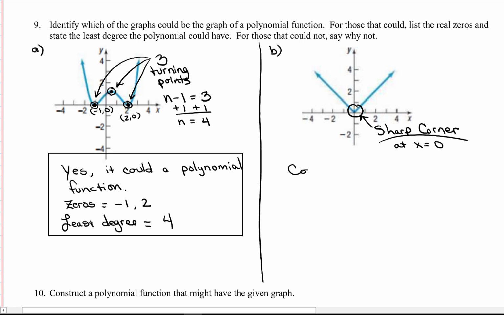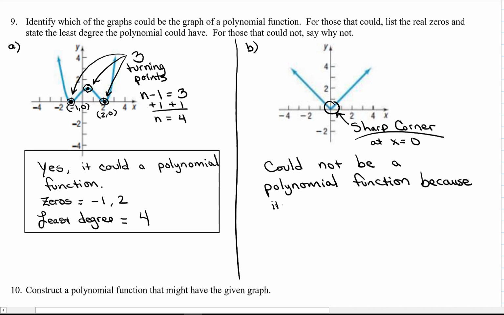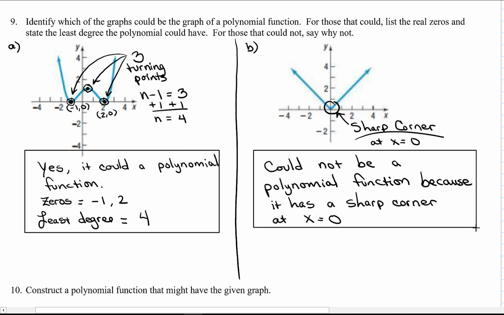And the reason it could not be a polynomial function is because it has a sharp corner at x equal to 0. And remember, if you come across any functions that have any gaps, any holes, those would also not be considered polynomial functions.